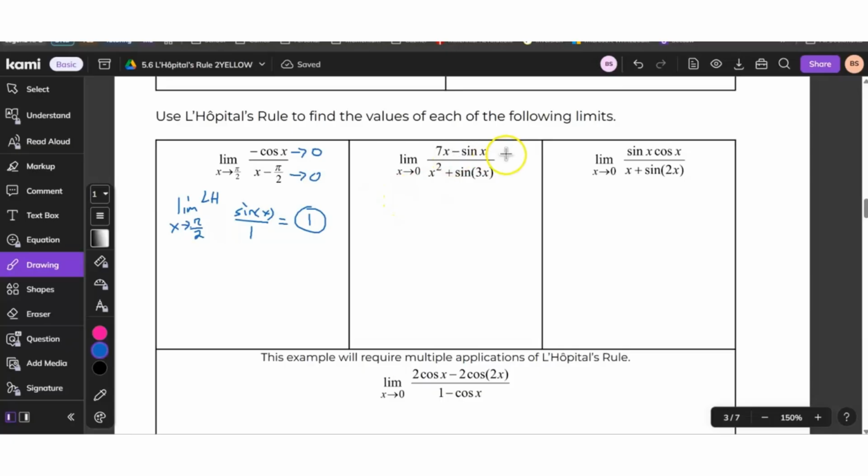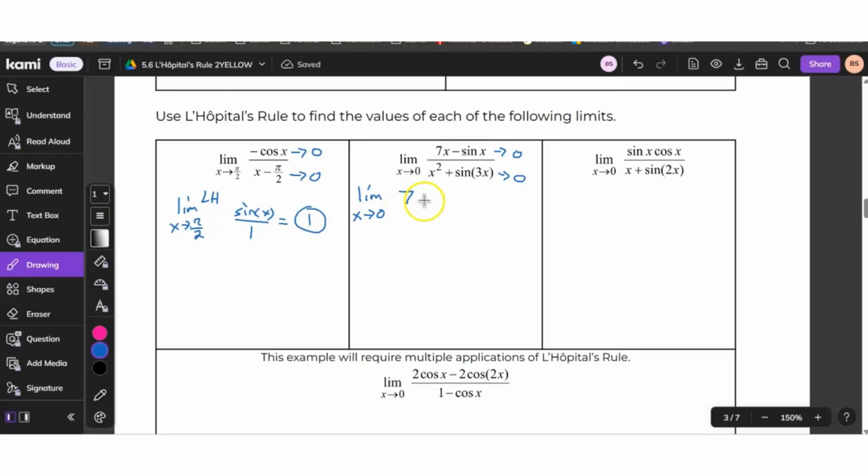Plug in 0 up here. I'm going to get 0 minus 0, so 0 over 0. You have to write L'Hopital, because otherwise it's wrong. Because you took the derivative, you applied L'Hopital's rule. You have to show that you did it.